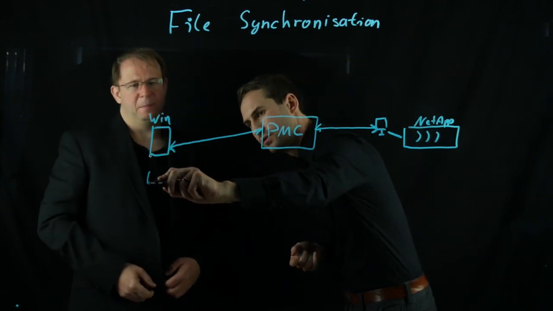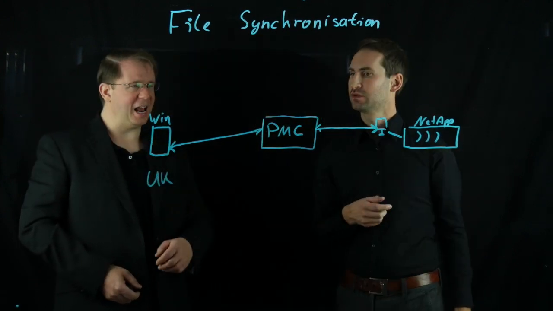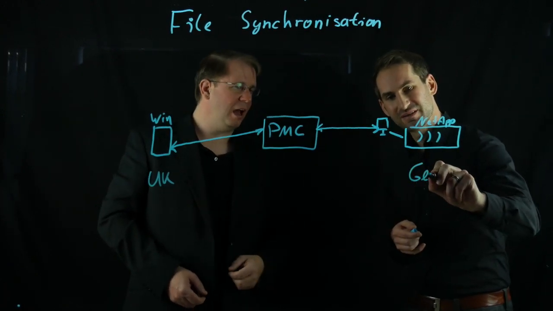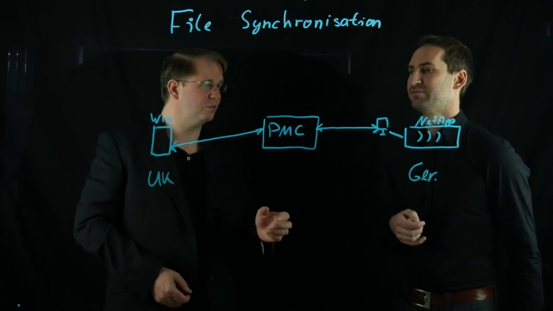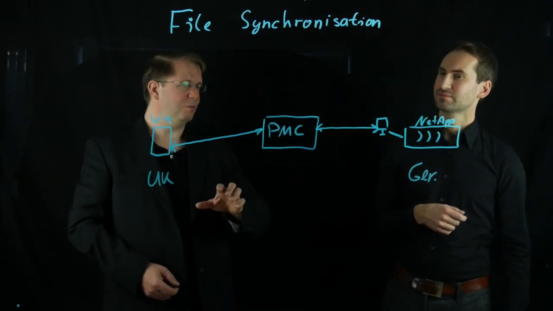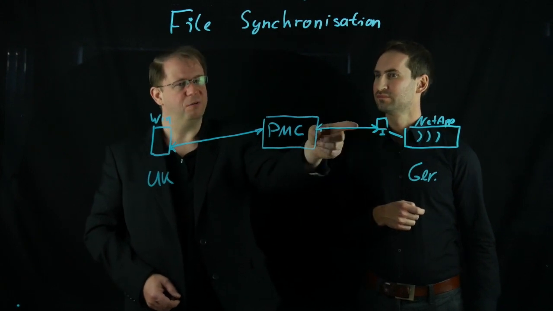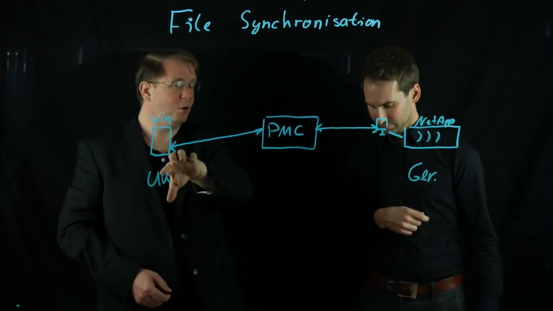Yes. Let's make it UK. And Grant moves across to Germany. Maybe I'm working with you for a week. And I need to access my profile, but it's via the NetApp filer. Information's still there, and if I log off on this one, anything changed in my profile will be replicated back to the Windows box in the UK.